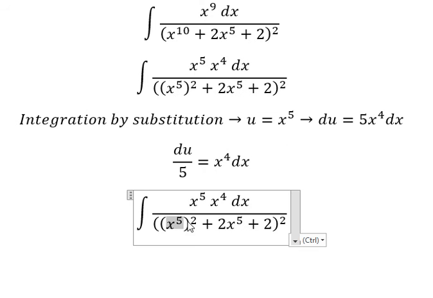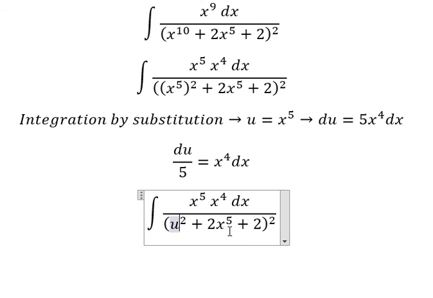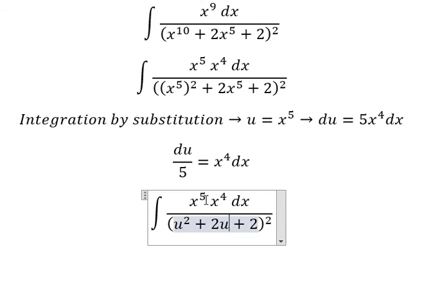So this one we change for u, and s to the power of 4 ds we change for u over 5.